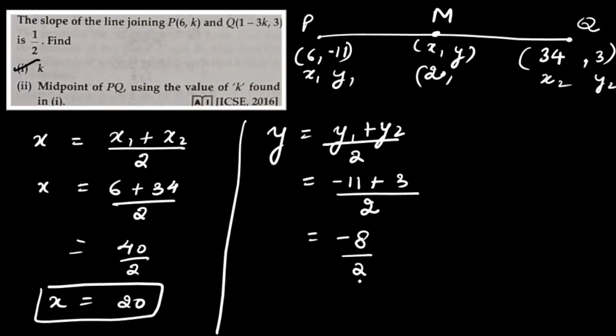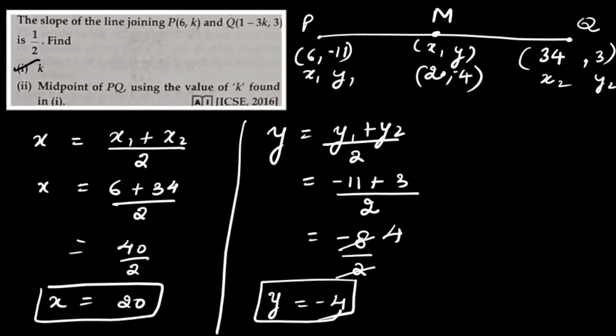So minus 8 by 2. 2 into 4 is 8. So if we divide, we'll get y's value equal to minus 4. So the coordinates of the midpoint of the line segment PQ is 20, minus 4. So good, you all are getting the same answer. Let's do the next question now. For this question we have completed both parts, the first as well as the second one.